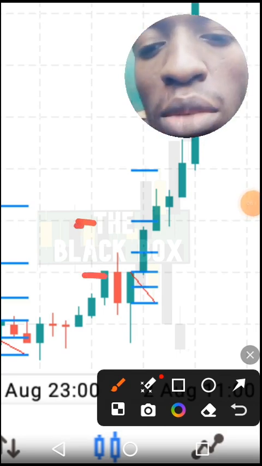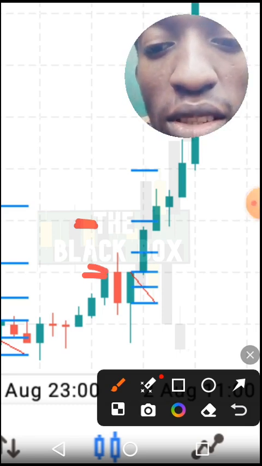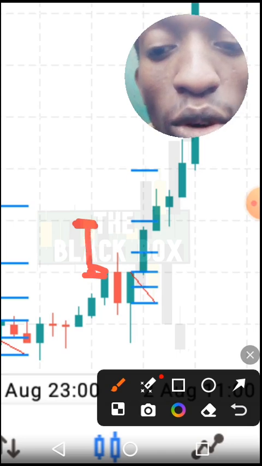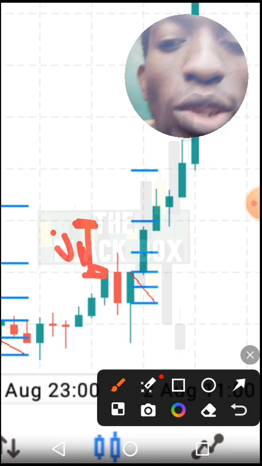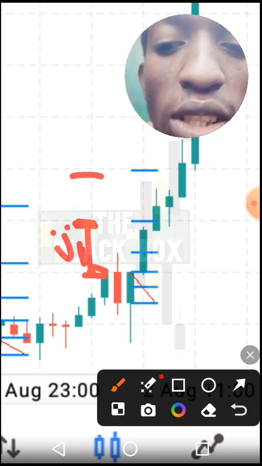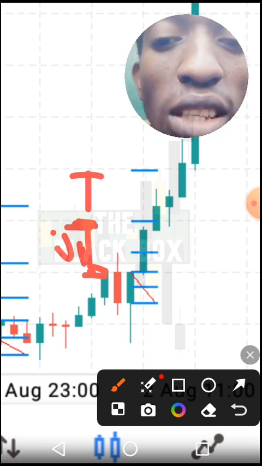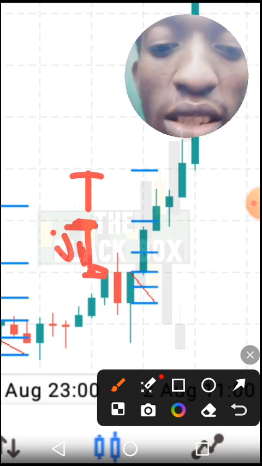The grid between the zoomed in and the zoomed out are different. This grid holds a lot of pips, it might be 20 pips. When you zoom in and measure the grids, the space between the grids can be 5 pips or something less. So there is a difference there.